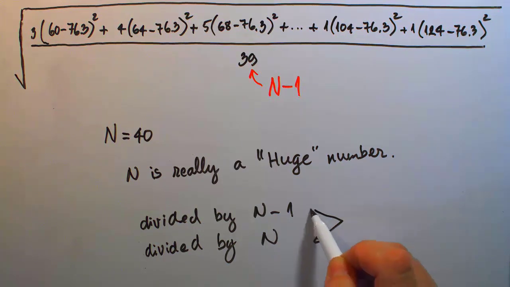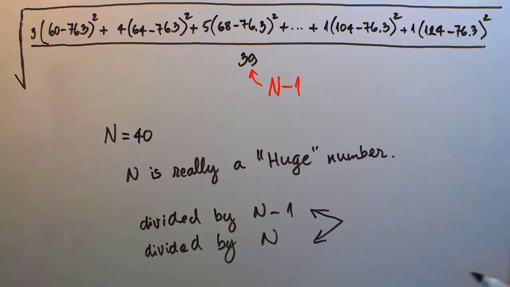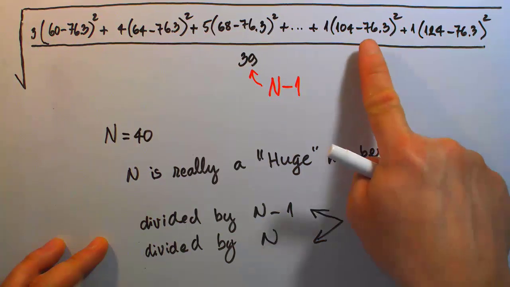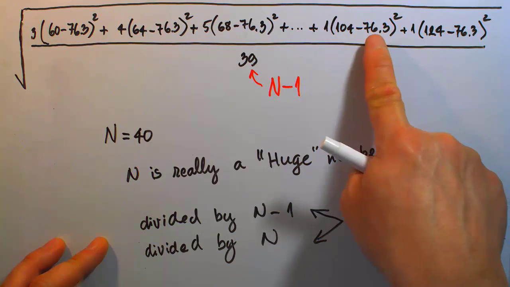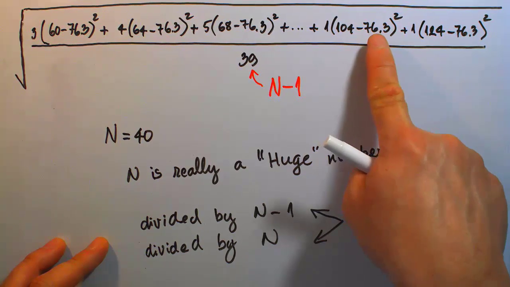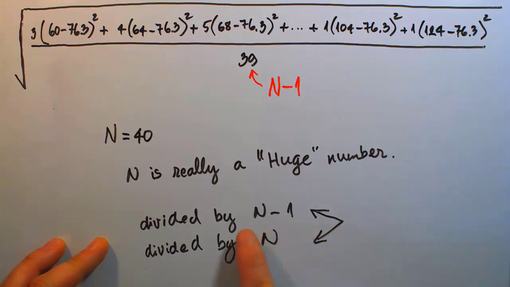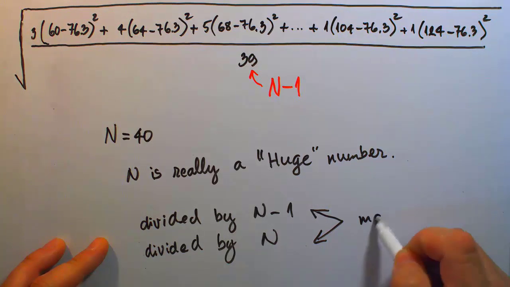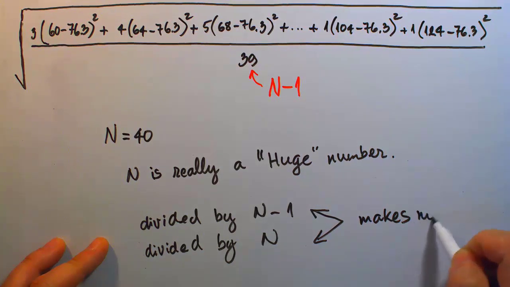When we're talking about data in the tens of millions, the sum of all the squares of differences divided by either n minus 1 or the actual n makes no difference.